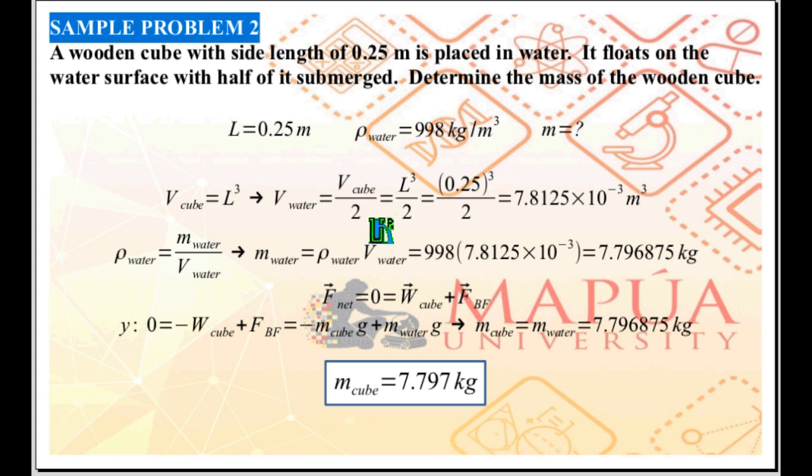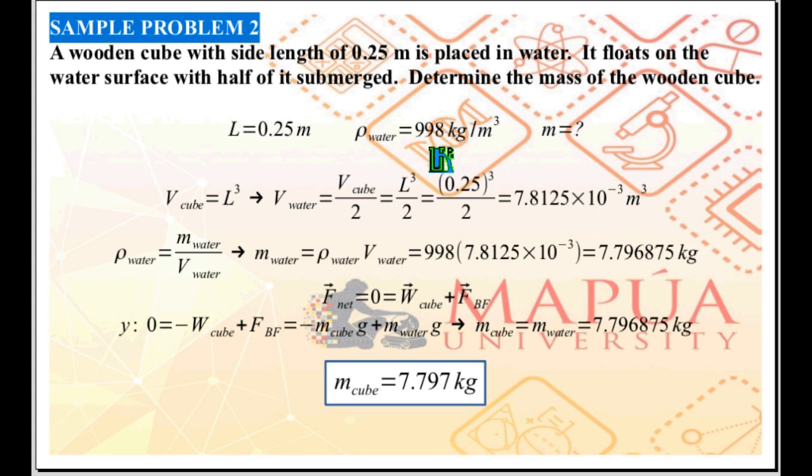V cube divided by 2, V cube is L cubed. So L cubed divided by 2. Knowing L, we are able to calculate the volume of the displaced water, 7.8125 times 10 to the negative 3 cubic meters.